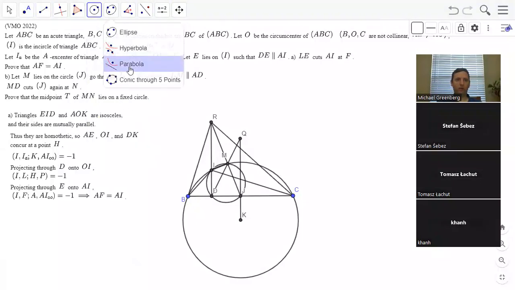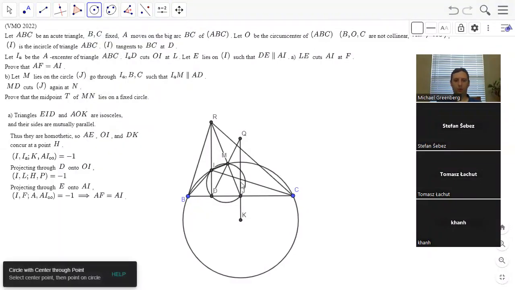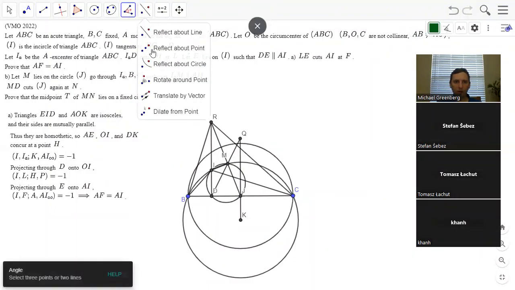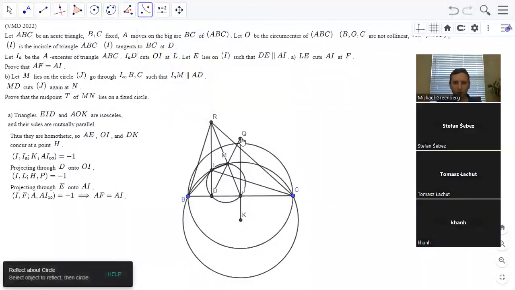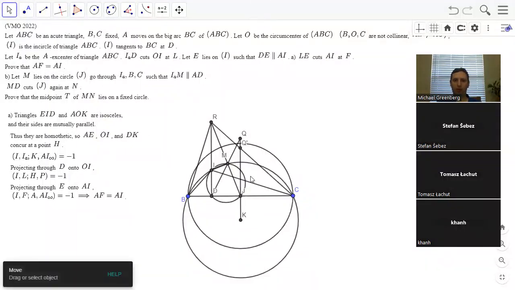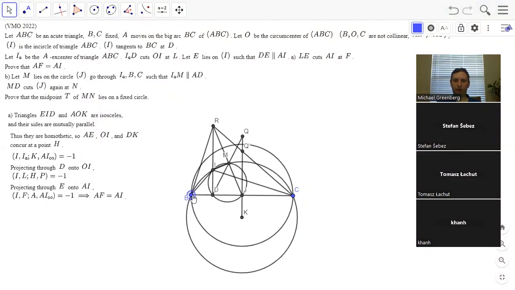So let's see where Q inverts to. Okay, so it inverts to that point. We want to prove that, but that's what it inverts to.